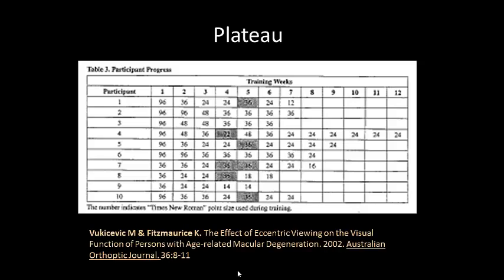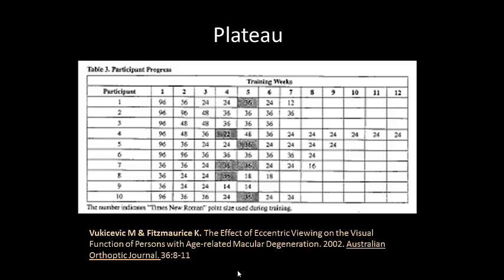Now this doesn't happen with all patients, as you can see there, but it certainly happens with the majority of them, and I found that plateau occurs at around weeks 4 and 5. So what does that suggest?